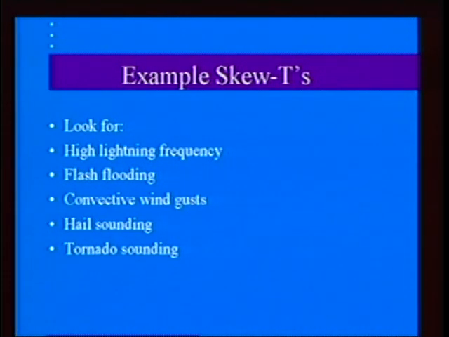For convective wind gusts, we're going to look for dry air in the middle part of the troposphere. For hail, we want to look for the amount of CAPE. And then there's also some other factors that are important, such as the elevation and the wind shear and the freezing level.